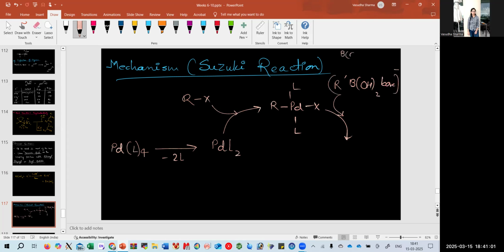So basically your R dash B(OH)2, when it has been treated with base, will form this one. It would give your R to the palladium and take the X minus.